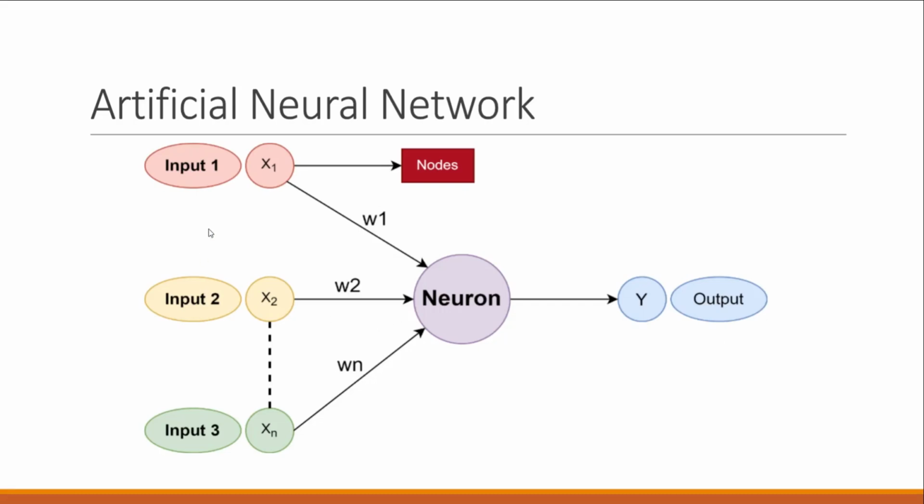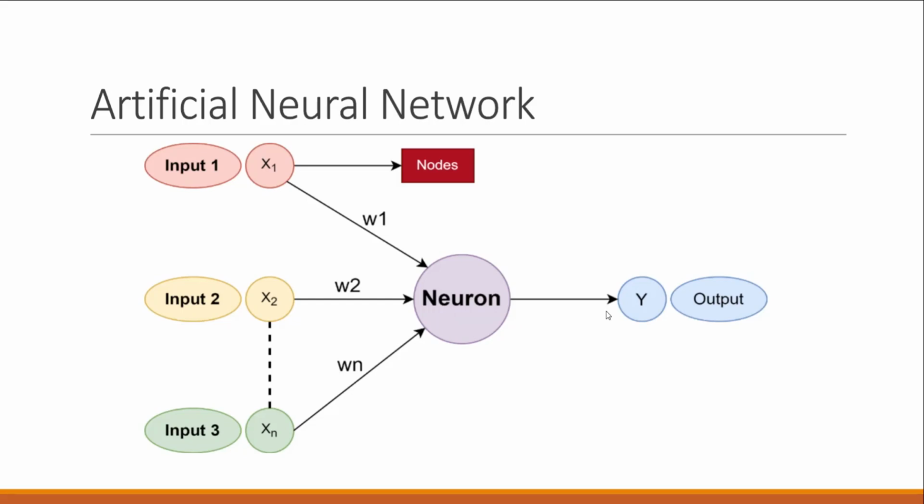In the first step, input values, that is x1, x2 and so on to xn, our data, is passed with some weights that will be considered as w1, w2 and so on to wn, and it will be attached to the hidden layers. Each hidden layer consists of neurons and all the inputs are connected to each neuron. After passing on the inputs, all the computations are performed in the hidden layer.